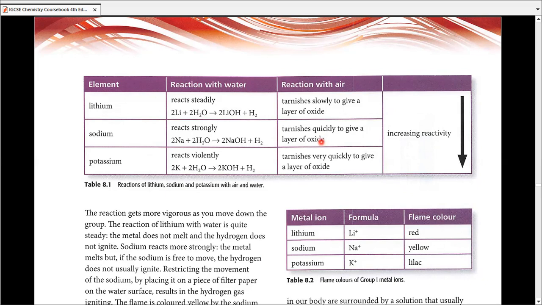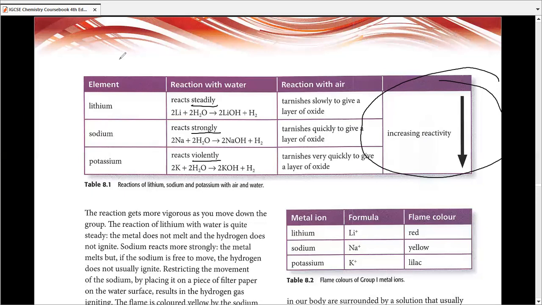So that gives us a very good idea of increasing reactivity, the point we actually started off with, right? However, I wanted to emphasize these adjectives: steadily, strongly, violently, or explosively, or slowly. So if you remember these adjectives, you can always come up with comparison of different processes. Make sense?